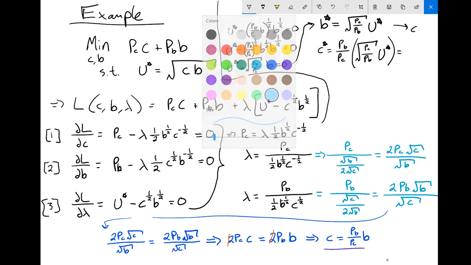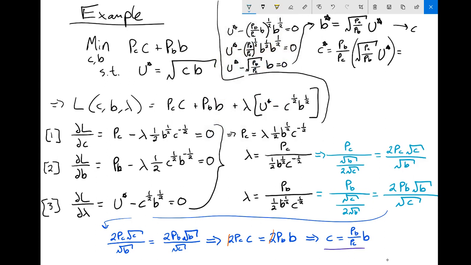All right, quick aside. Let's rearrange this. So what we're going to have here is square root of PC divided by PC times PB divided by square root of PB. Well, what is square root of PC divided by PC?